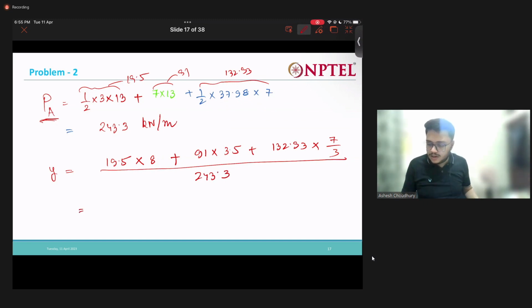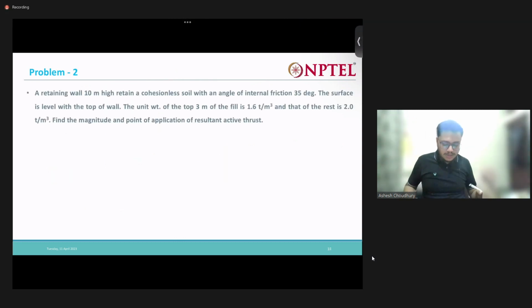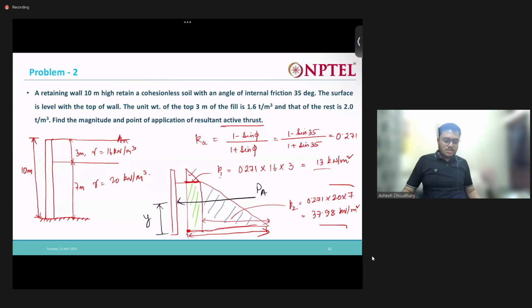So how much is it coming? I think it will be close to 3 meters, 3.22 something. Okay, so this is where my P is actually acting.